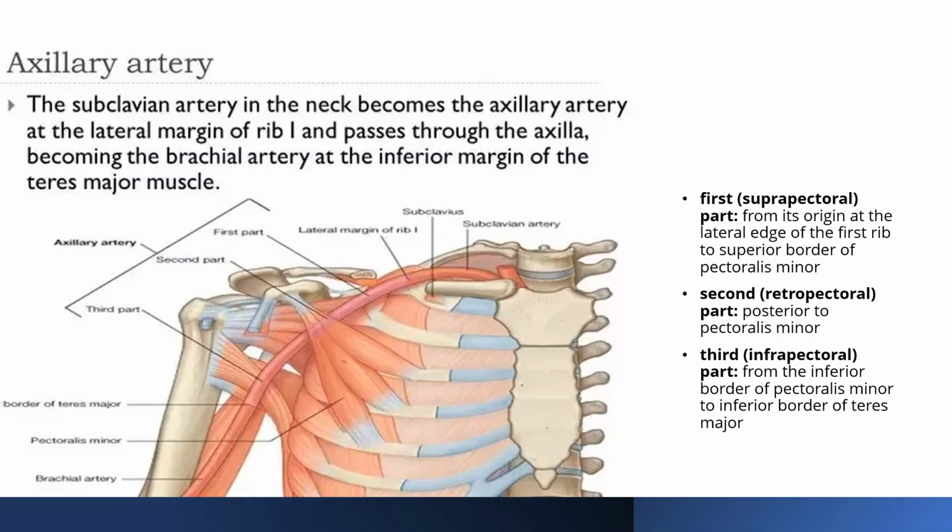As you can see in this diagram, this whole thing is the pectoralis minor muscle, and the axillary artery is divided into the first part, also called the suprapectoral part, the second part, also called the retropectoral part, and the third part, also called the infrapectoral part. So the pectoralis minor muscle is above the axillary artery.